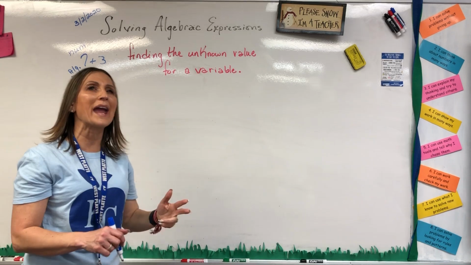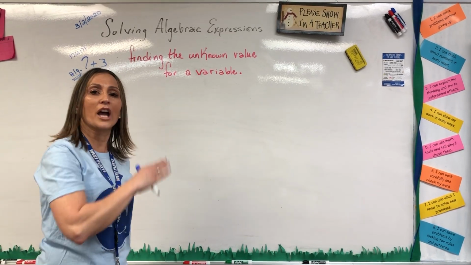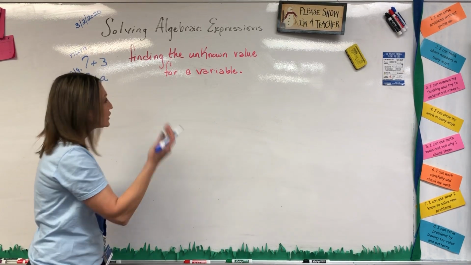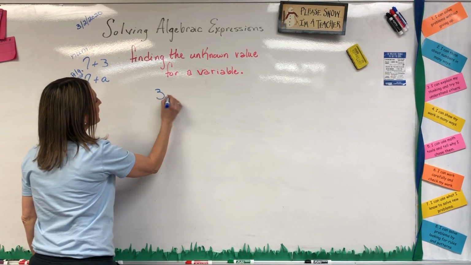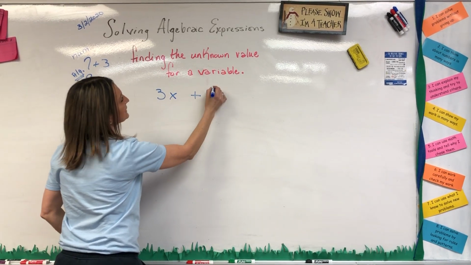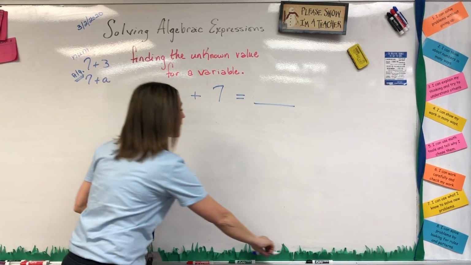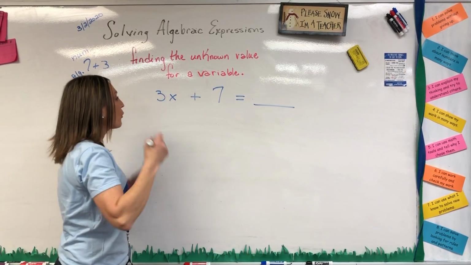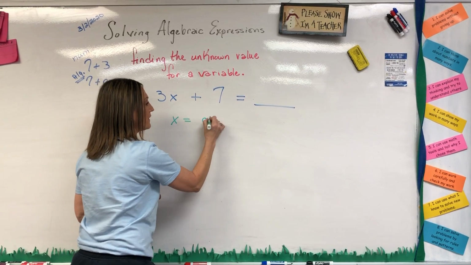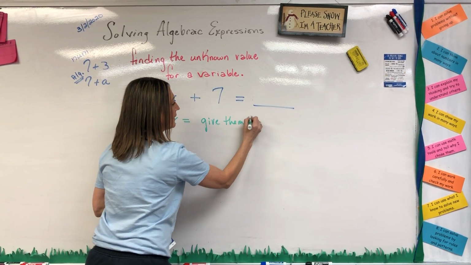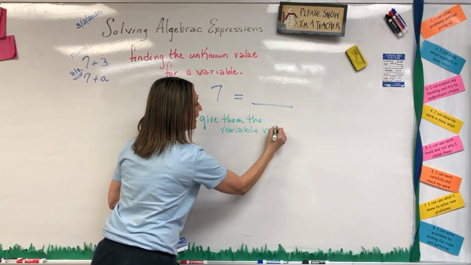There's only 2 ways, technically, a student can solve an expression that has an unknown value in it, known as a variable. Here's an example we were working on today: 3x plus 7 equals. There's only 2 ways that a student can solve this. One, I can give them the variable value.